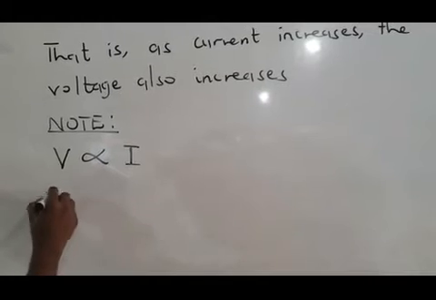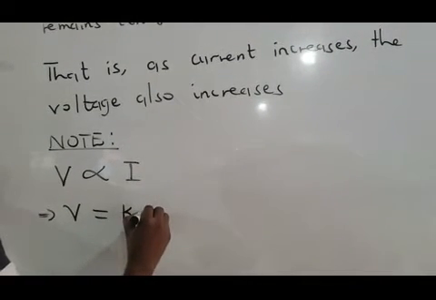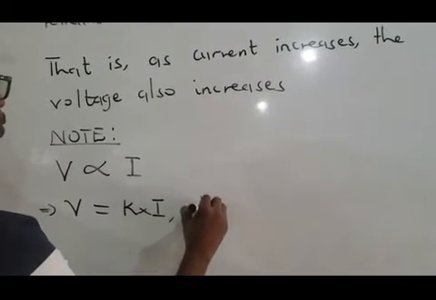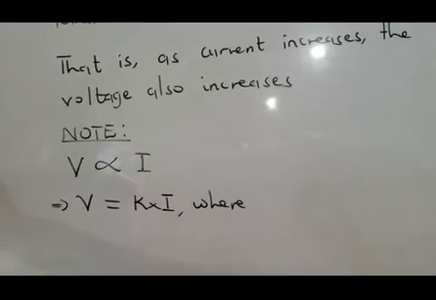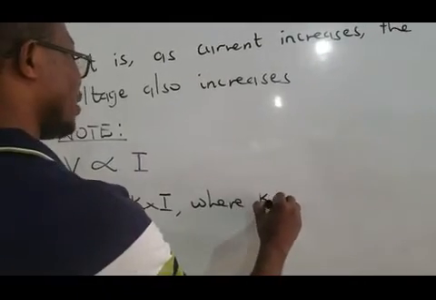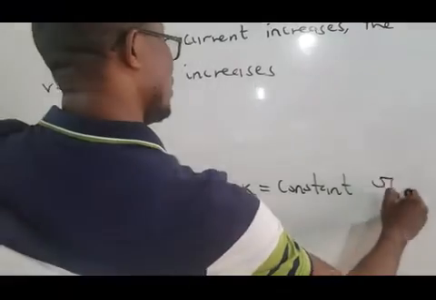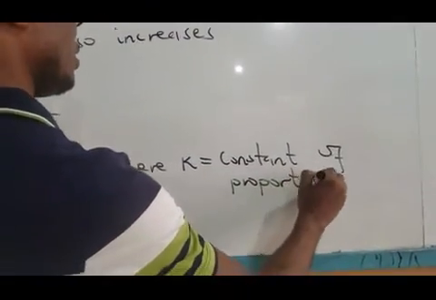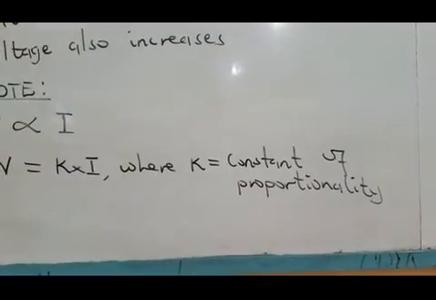So from here, V is equal to K times I, where K is the constant of proportionality.